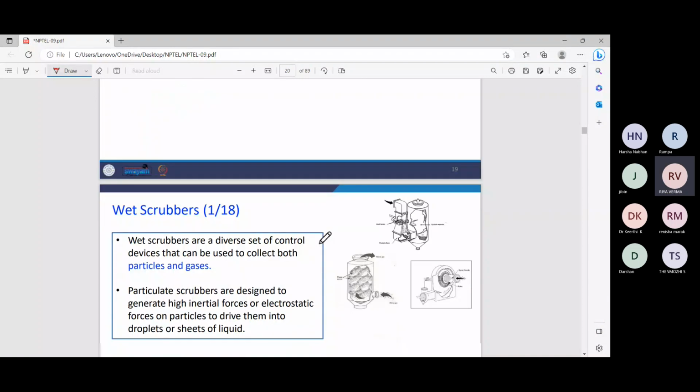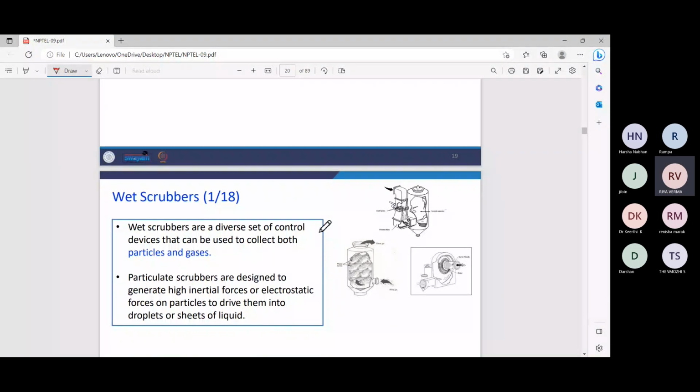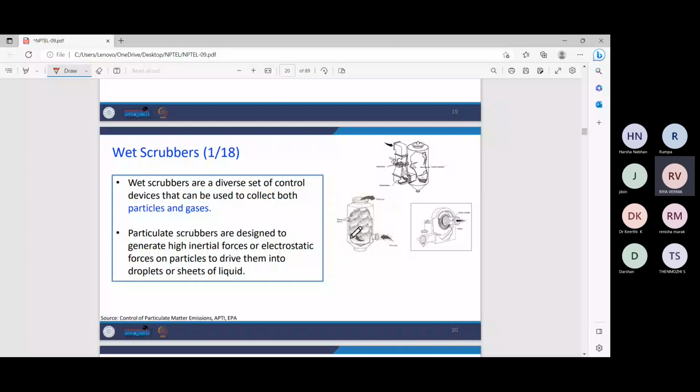Basically, these wet scrubbers are a set of devices that can be used to control both particles as well as gases, because they can be designed to generate high inertial forces or electrostatic forces on particles, and they can drive them into droplets or sheets of liquid.